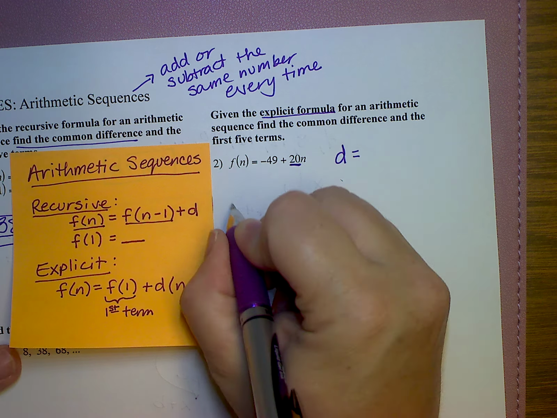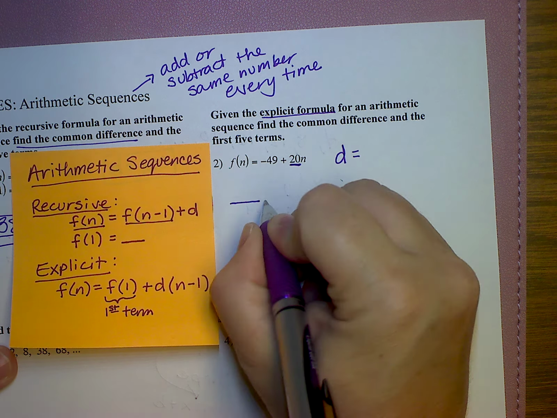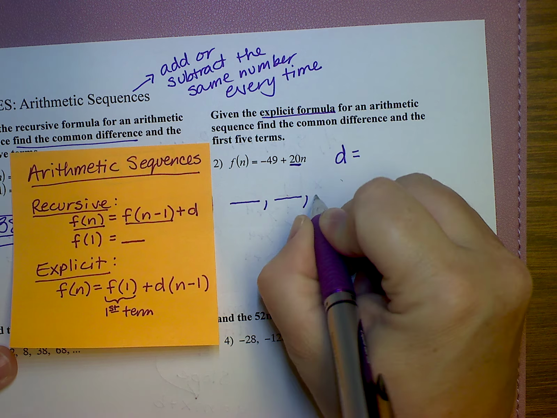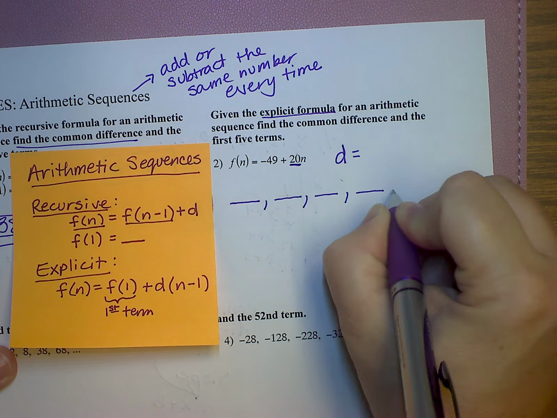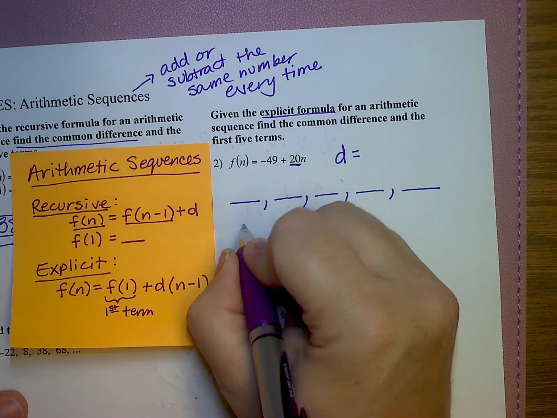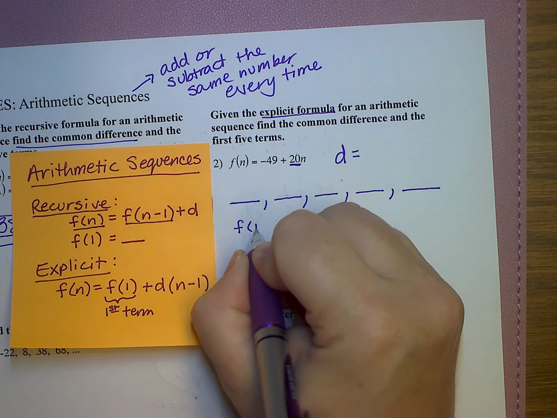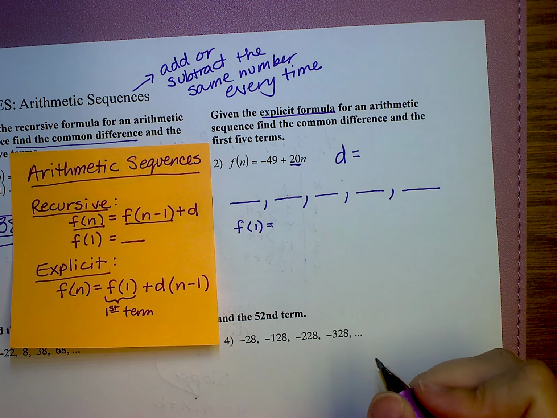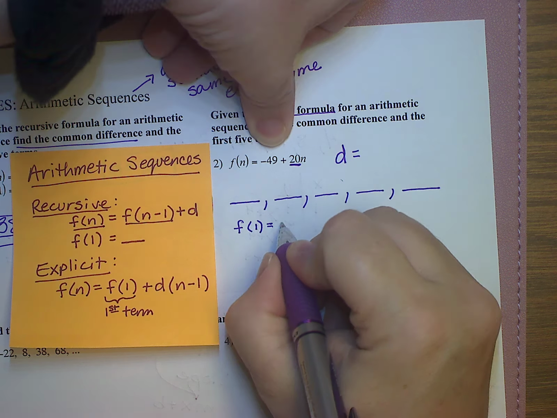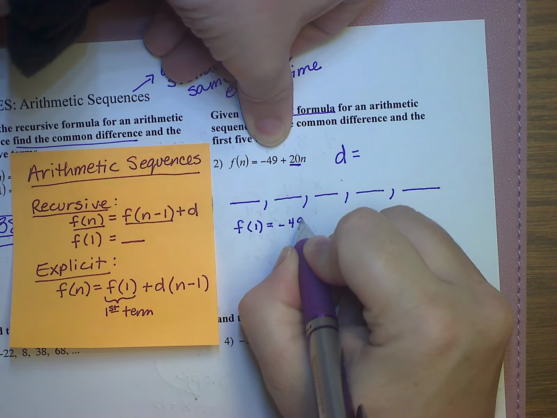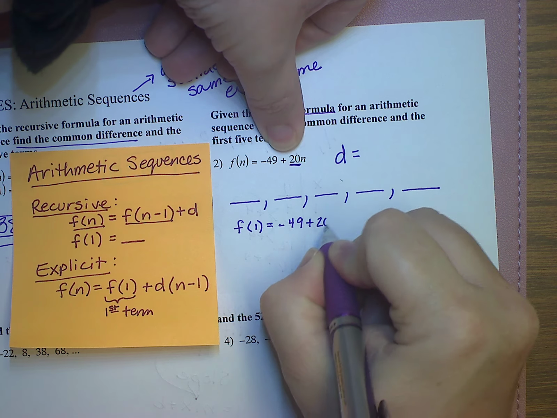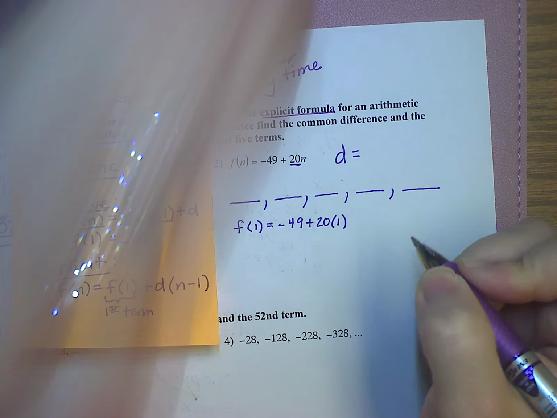You ready? I have to find 5 terms. 1, 2, 3, 4, 5. And to find the first term, I'm looking for f of 1. How do I find f of 1? I take this equation, negative 49 plus 20, and I'm going to plug in 1 for n.